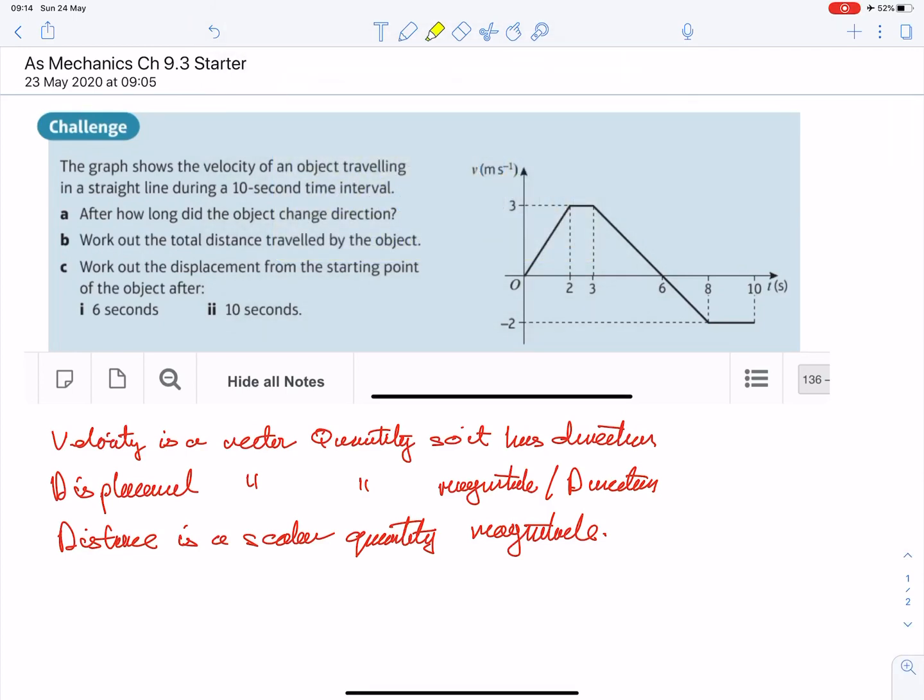part A, after how long did the object change direction? Well, for this section of the graph here, the velocity is always positive. And then when we get to this section here, the velocity becomes negative.